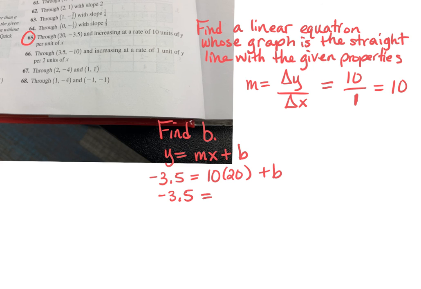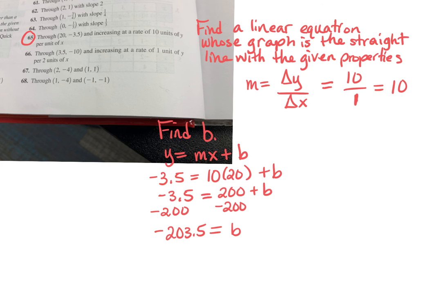What's 10 times 20? 200. Good. Plus b, and then what do we do to both sides? Subtract 200. Very good. So subtract 200 from both sides, and that will give us b equals what? Very good.